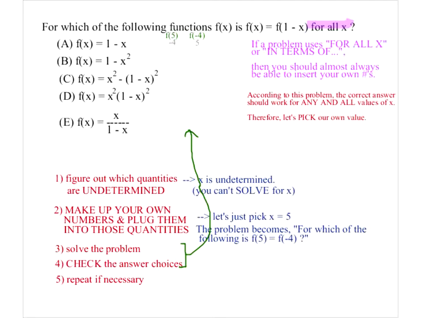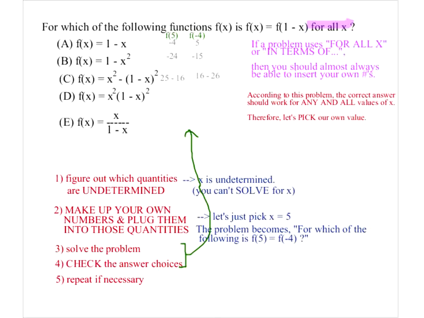Those are not equal, so A is wrong. With B, f of 5 is 1 minus 25. F of -4 is 1 minus 16. Those are not equal. With C, f of 5 is 25 minus 16, and f of -4 is 16 minus 25.